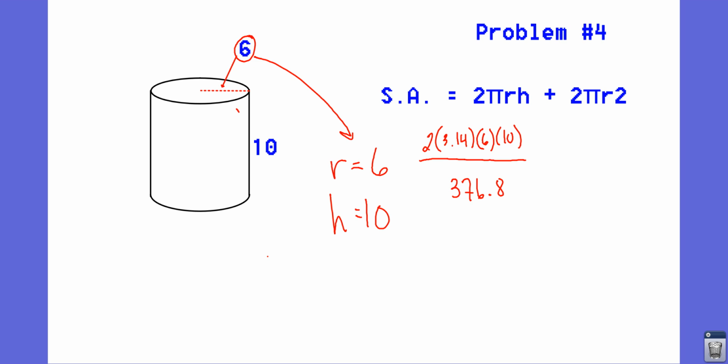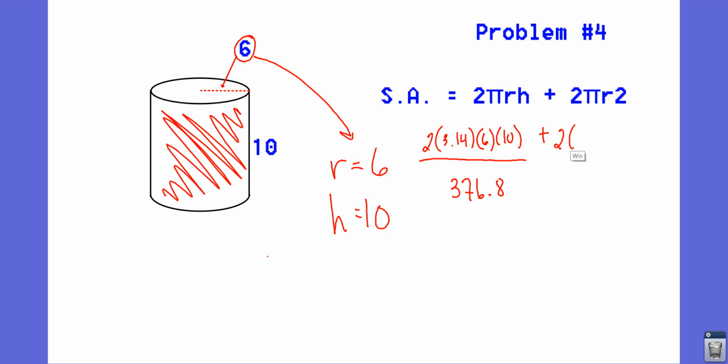So all of this section right here is 376.8 plus 2 times 3.14 times the radius squared. So this is a little floaty too. Times 6 squared. All right, so 2 times 3.14 times 36, 226.08.